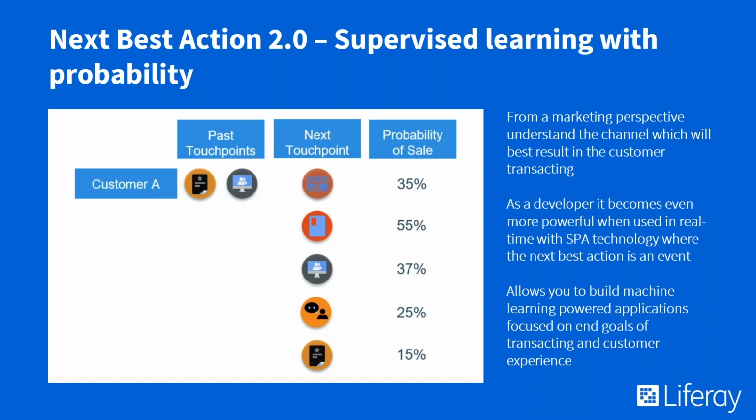But this is where next best action 2.0 comes in, because we can use machine learning to look at all our customers and put it through super fast algorithms and have all the past events, and on the diagram, touch points, events, touch points, kind of the same thing, and what the next touch point should be.